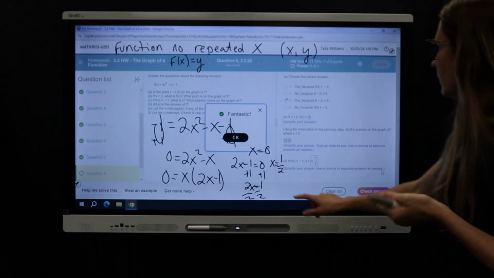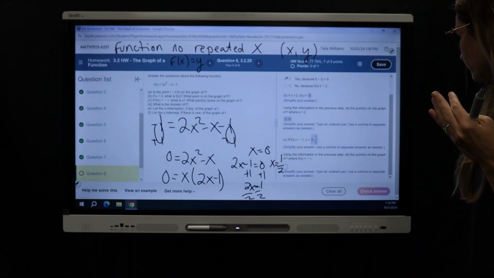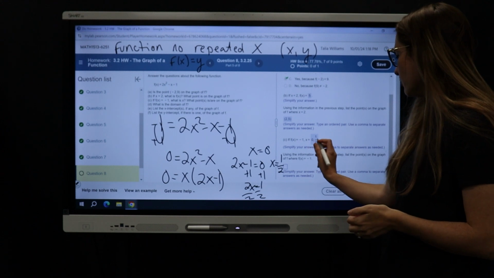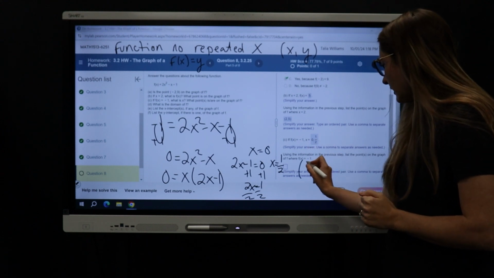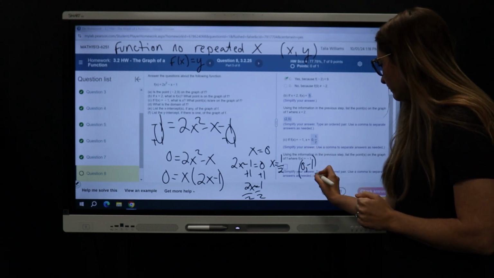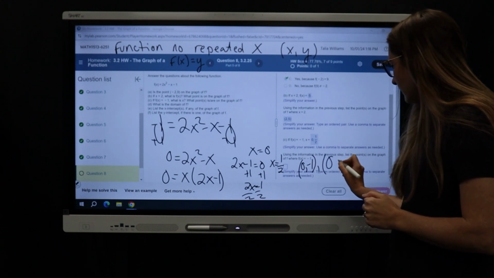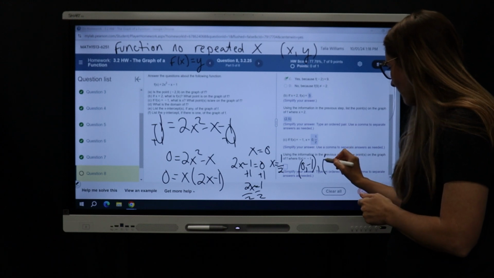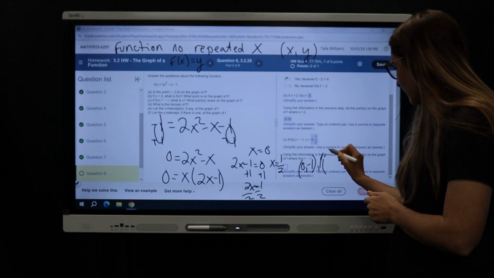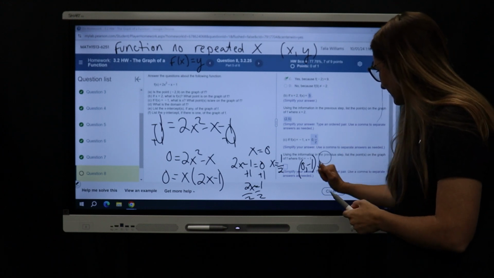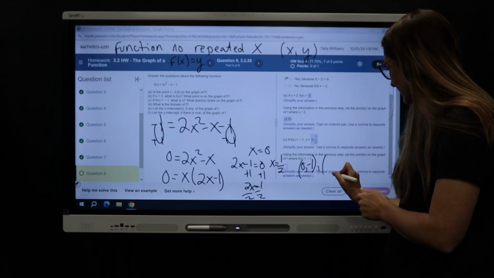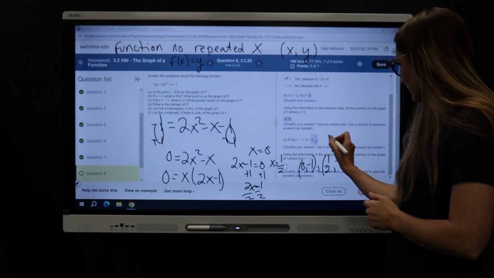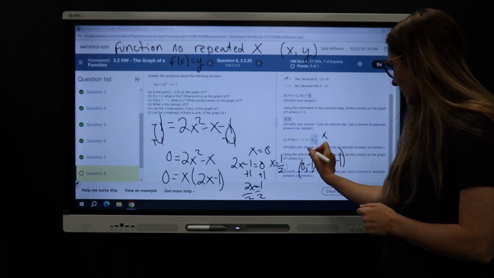Okay, and then they're going to ask us to use points again. Remember, this is our y value, and these two are our x values. So we're going to have 0, negative 1, and 1/2, negative 1. Because these are our x values, and our y value is this.